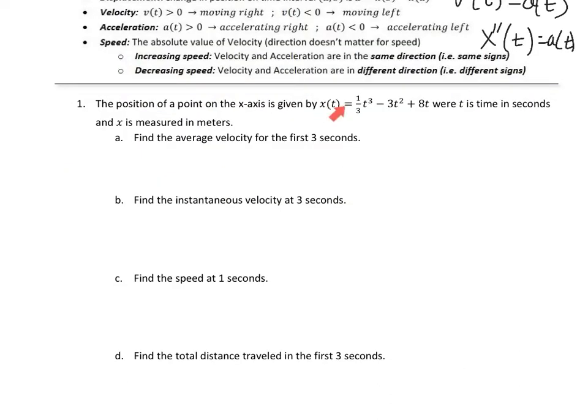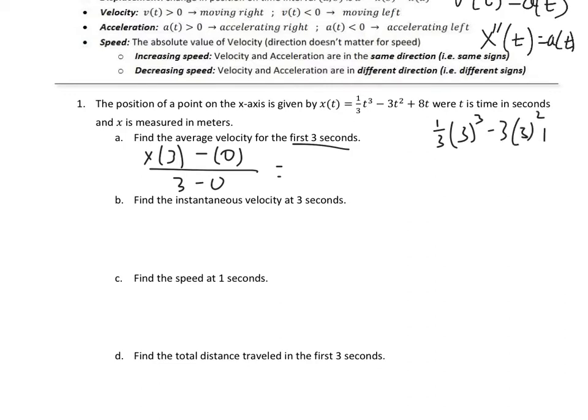So here's a quick example. If we have a function for the position, and we want to find the average velocity, that's the average rate of change. We're going for the first 3 seconds. So the position at 3 seconds minus the position at 0 seconds, all over 3 minus 0. If we plug in 3, we get 1/3 times 3 to the third minus 3 times 3 squared plus 8 times 3.